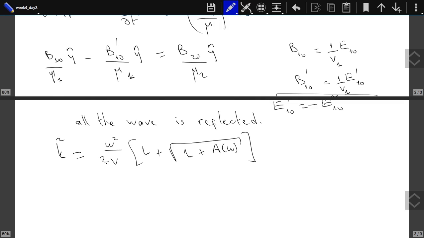Yes, k squared is omega squared over twice v squared. So this was what we had obtained for k squared.